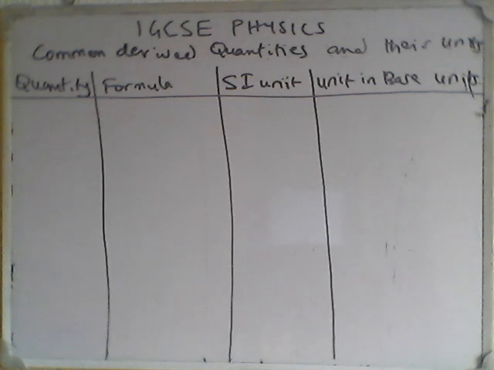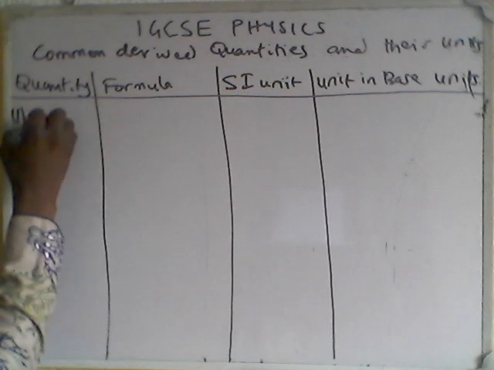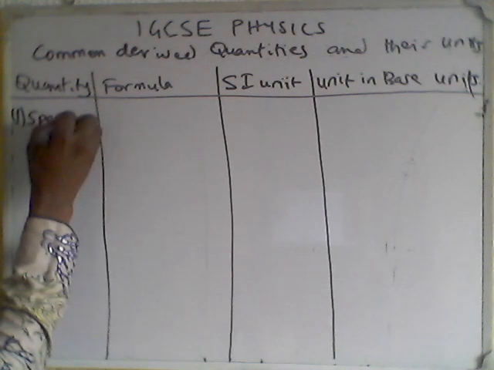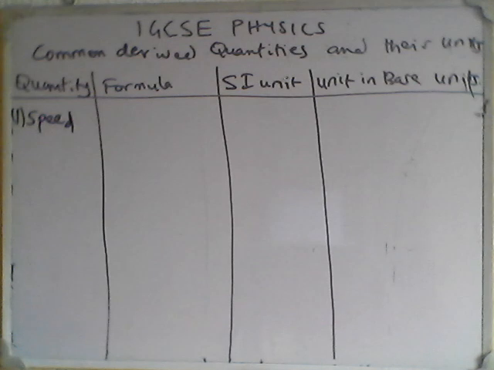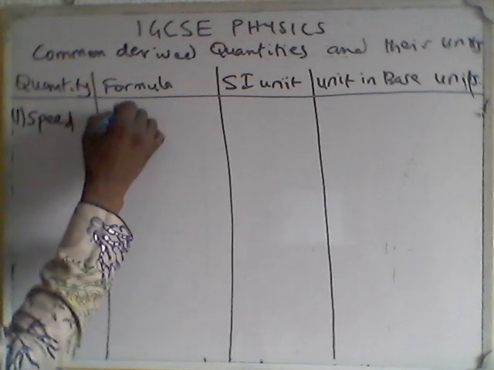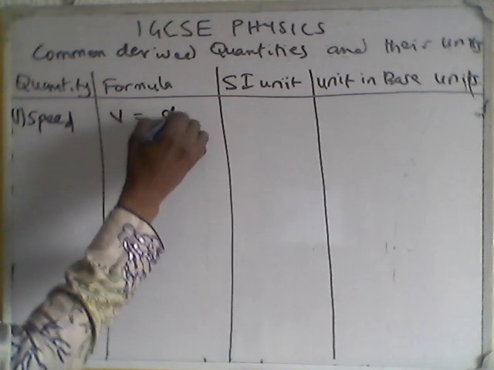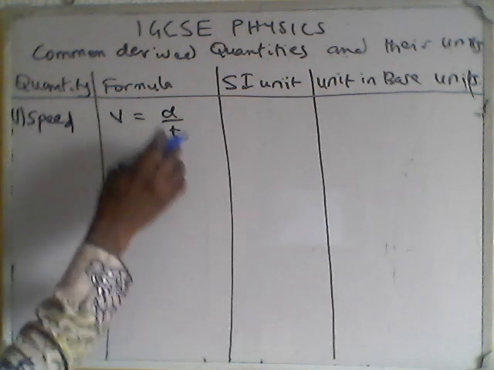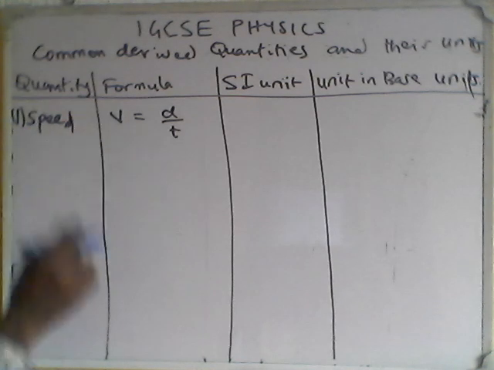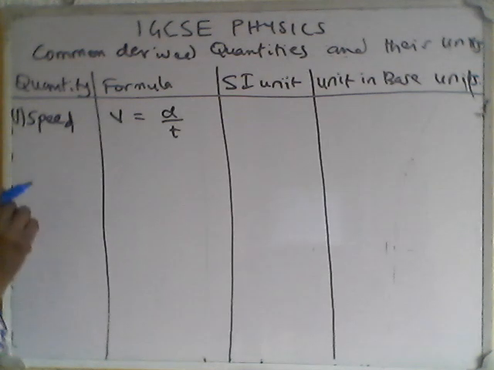So I'm going to analyze 5 derived quantities on the board. The first derived quantity I want to talk about is speed. Speed is derived from 2 fundamental quantities, distance and time. So the formula for speed is V equals D over T, distance over time. Distance is length, and time is also a fundamental quantity.